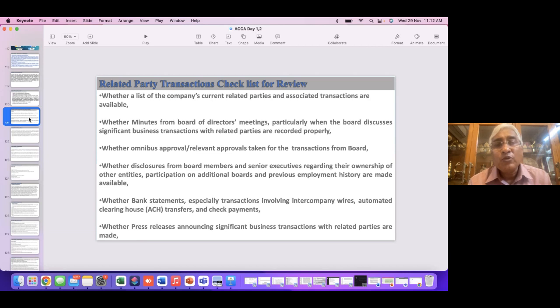Next, whether minutes from board of directors meetings, particularly when the board discusses significant business transactions with related parties, are recorded properly. So again, here we are talking about documentation. In the course of this session, a number of times I have said, audit depends mostly on documentation.